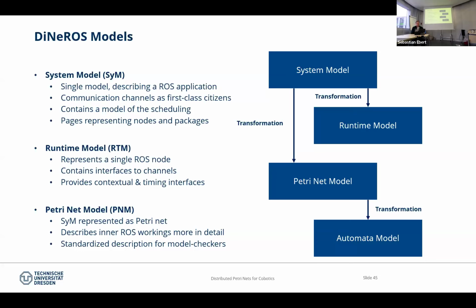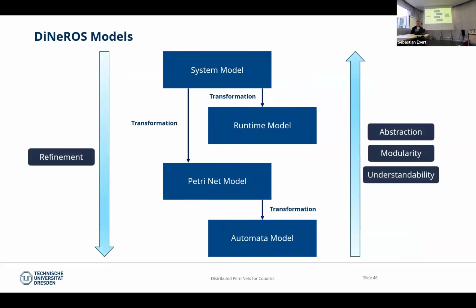For the automata, we use UPPAAL, which many of you know, and which is also the state-of-the-art model checker in that field. If we look at how these models and their properties change from top to bottom, we can see we basically refine from top to bottom. So we add more details, we add more information explicitly. And if we go upwards, the abstraction always increases because we introduce modeling elements, but we also increase the modularity and understandability because we don't need to model automata and channels by hand all the time.